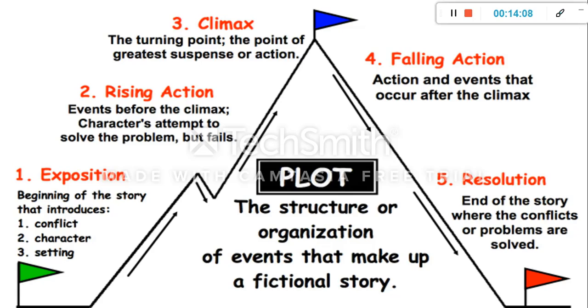In the rising action, we said that there were attempts to solve the problems, but these attempts failed.